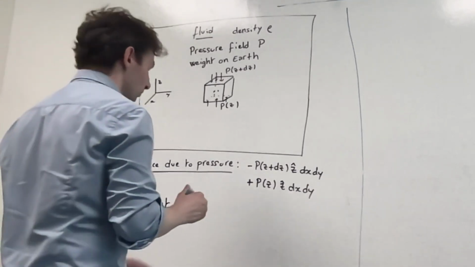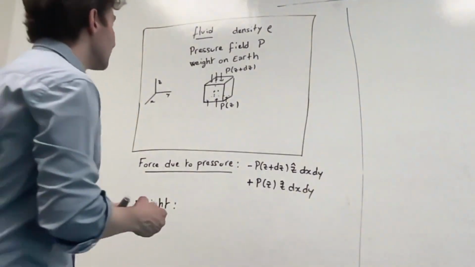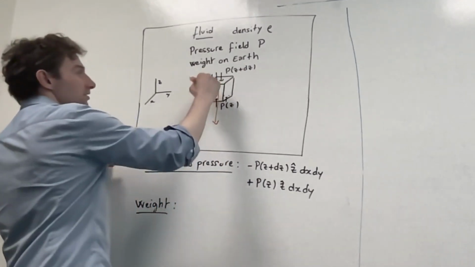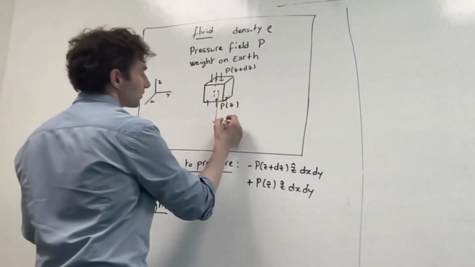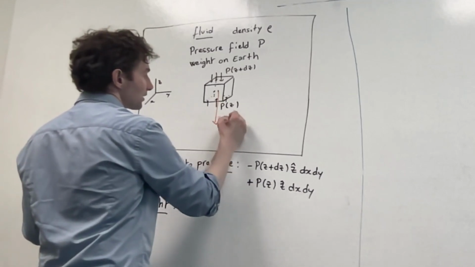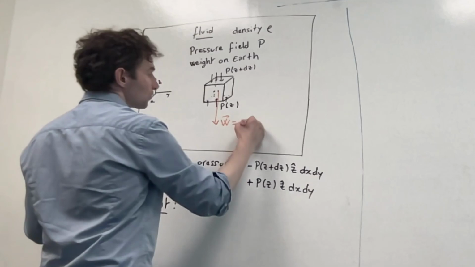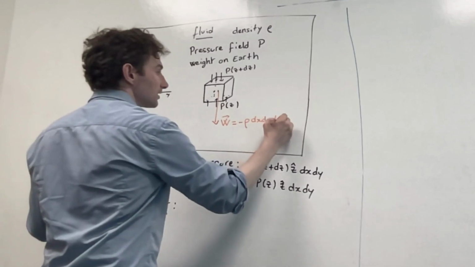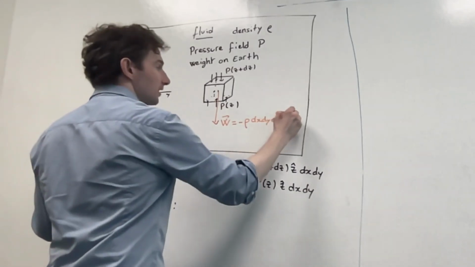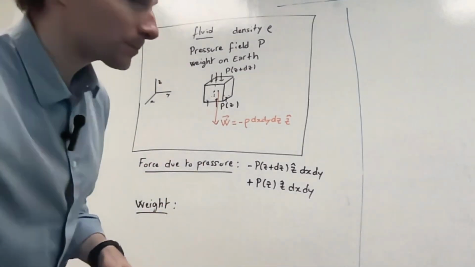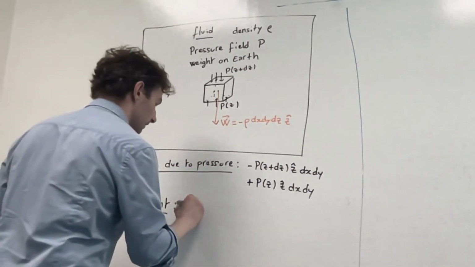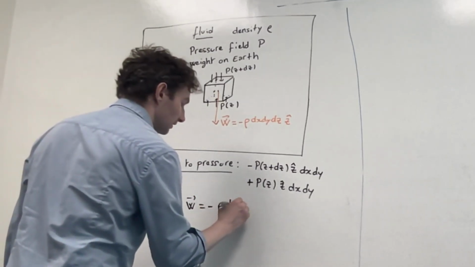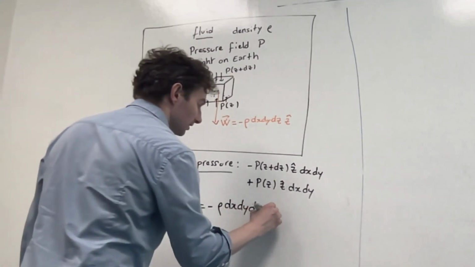The weight I can try to depict here by some arrow that goes from the center of mass of this fluid particle, and then W is equal to minus rho, then dx dy dz, in the z direction as well.